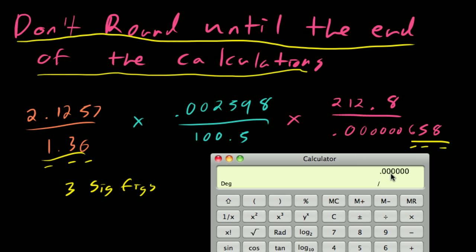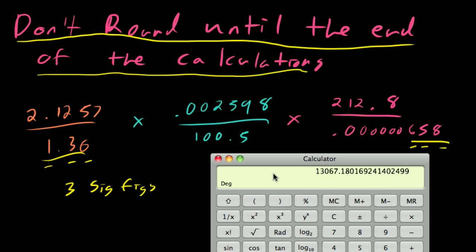That's 6 zeros, right? 1, 2, 3, 4, 5, 6. Yep, 658. And that gives us 13,067.